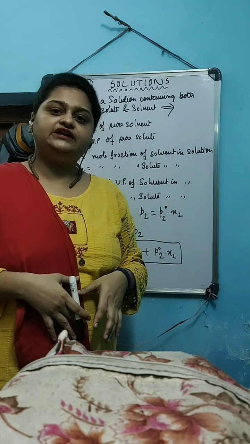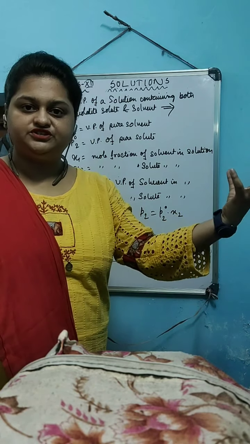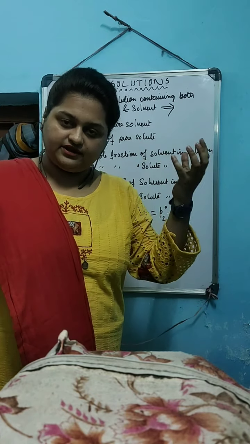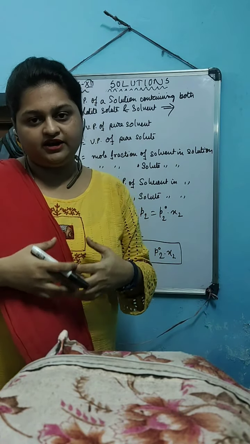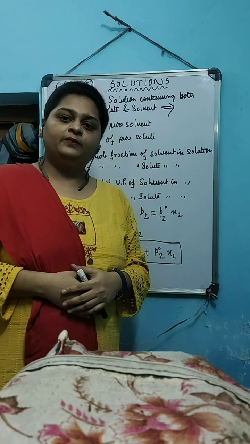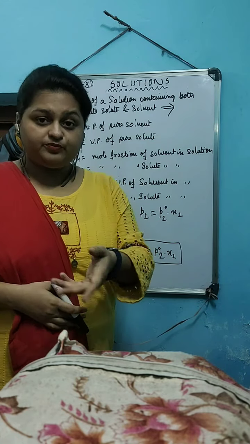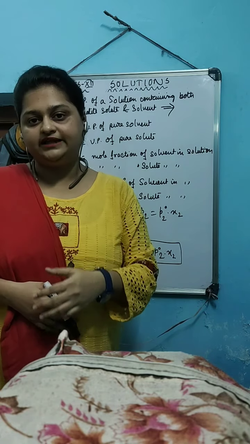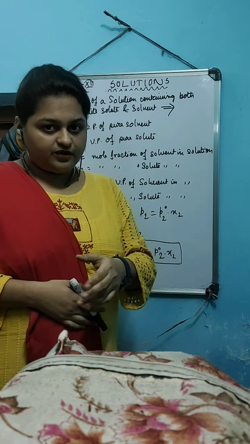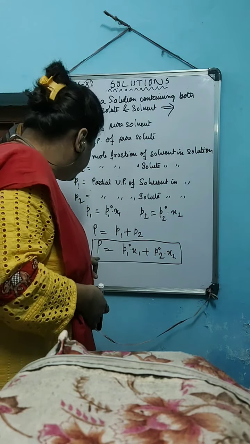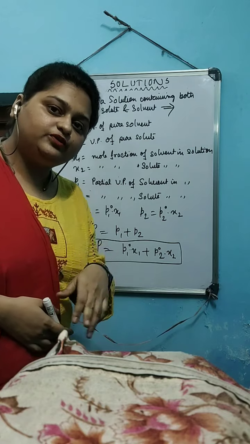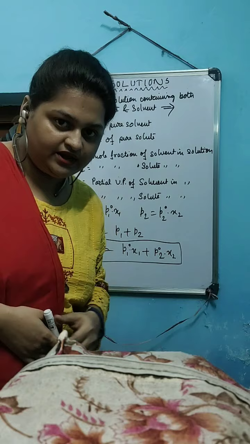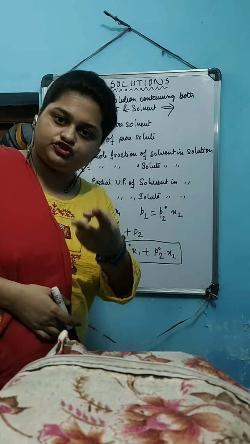Now in a third container, let's assume these two substances, both volatile in nature, have been added and a solution is prepared. The vapor pressure that we get is represented by P, and it is given by the partial pressure of substance 1 plus the partial pressure of substance 2.